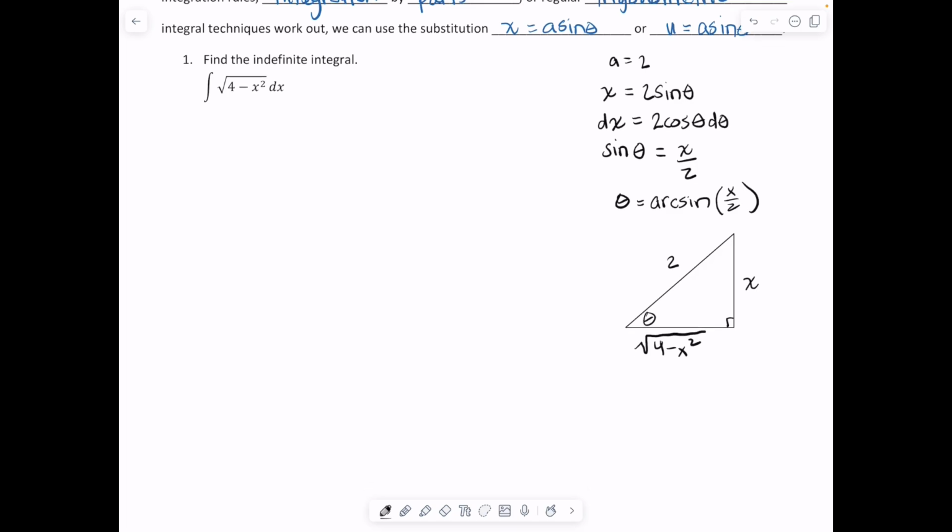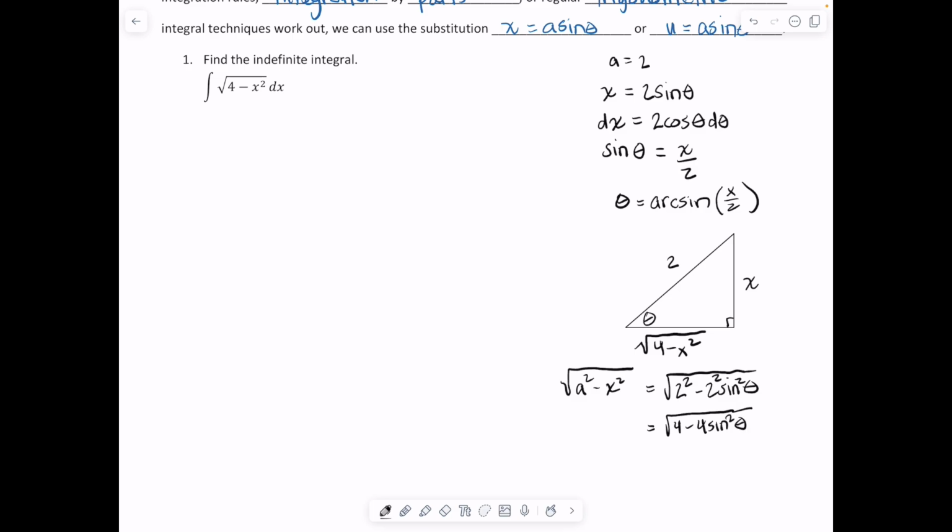All right? Now, the square root of a squared minus x squared is going to equal the square root of 2 squared minus 2 squared sine squared theta, because 2 is our a. That's going to equal the square root of 4 minus 4 sine squared theta.